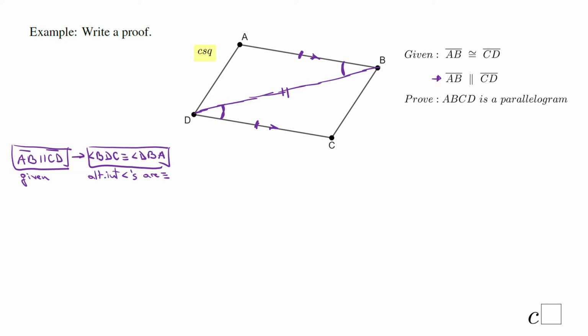Okay, so the next statement will be the first statement given, AB congruent to CD, and it was given. My next statement will be that common side BD or DB, whatever you want, BD congruent with itself.